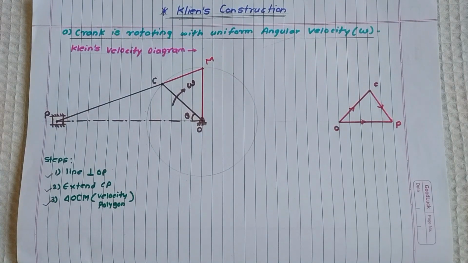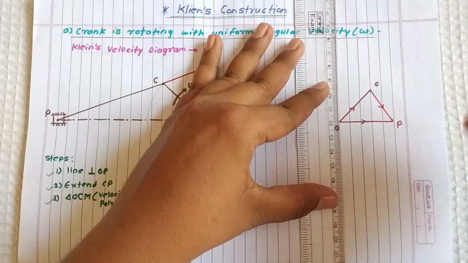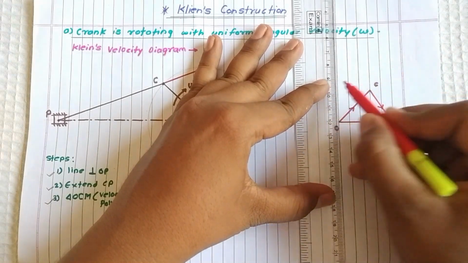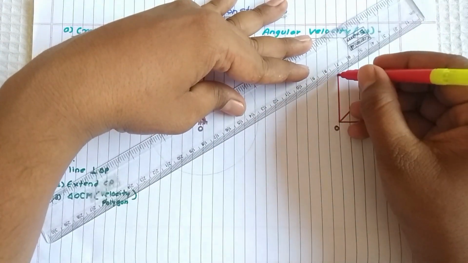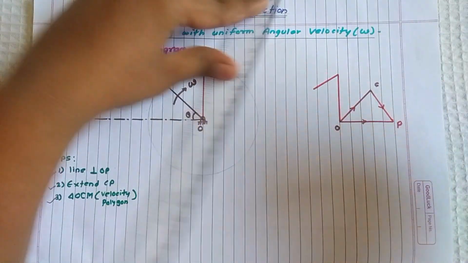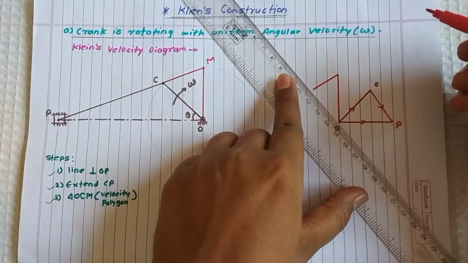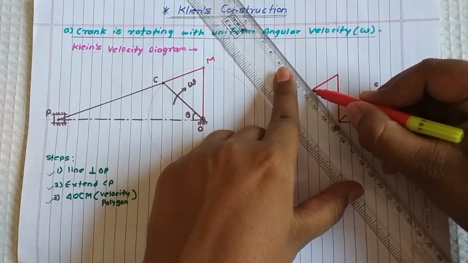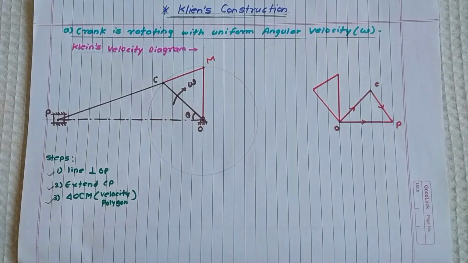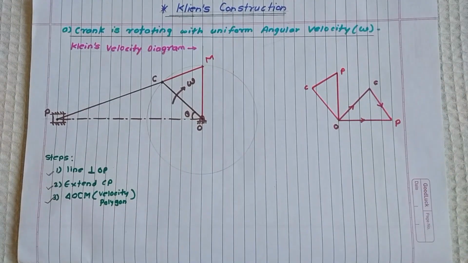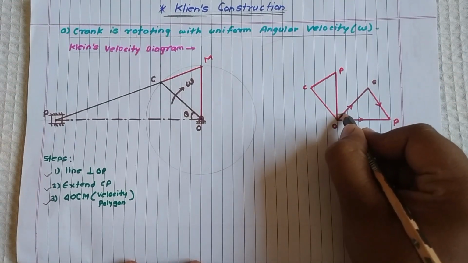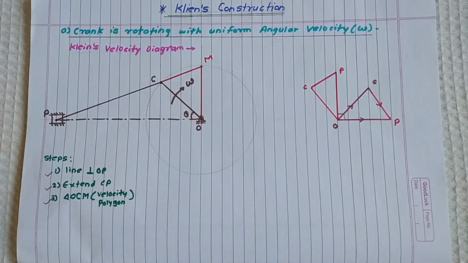So how it will be: OP will be vertical, CP will be like this, and OC will be like this. So this is small c, small p. So we have rotated this diagram by 90 degrees in the anti-clockwise direction.